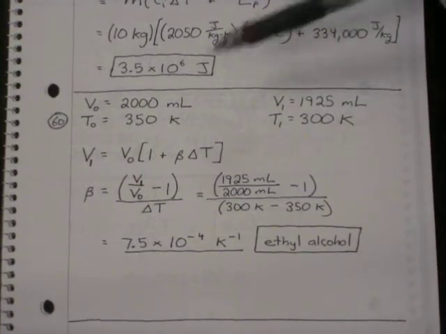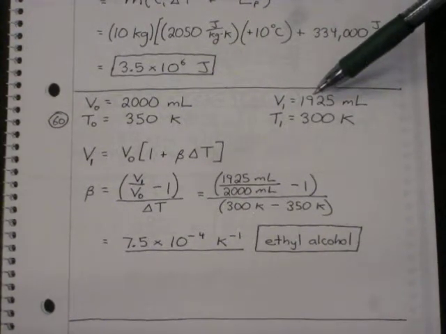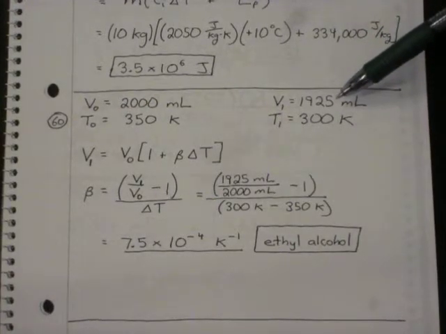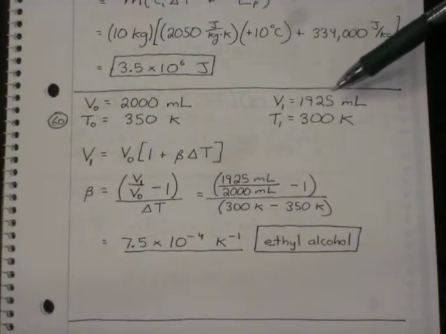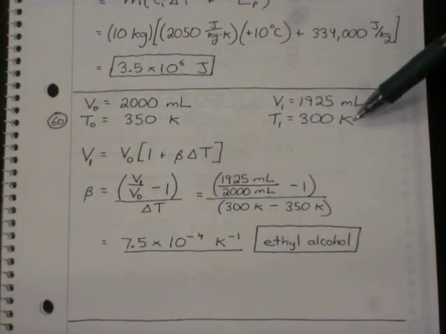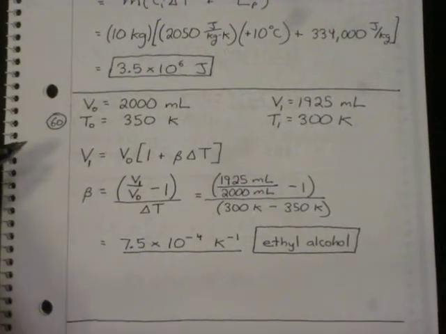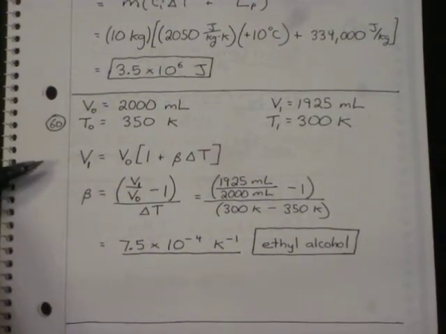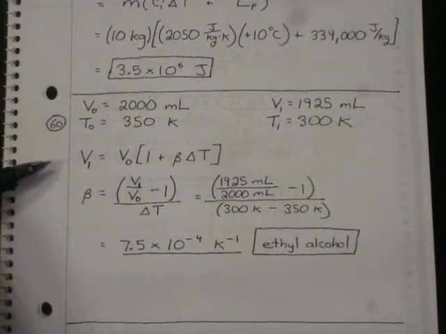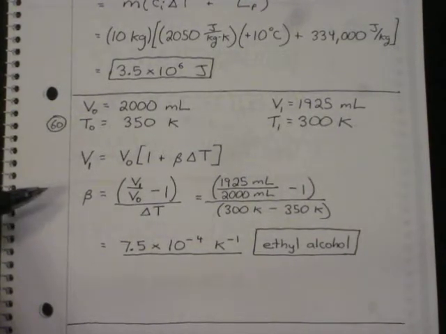I write out the given facts: initial volume, final volume. It's not going to matter that it's in milliliters, so I won't need to convert that. Initial temperature, 350, final temperature, 300. It's already in Kelvin, that's good. We know we need the volume expansion formula, V1 equals V0 times 1 plus beta delta T. We want to solve for beta, and then we'll look it up in the table and see what this matches.